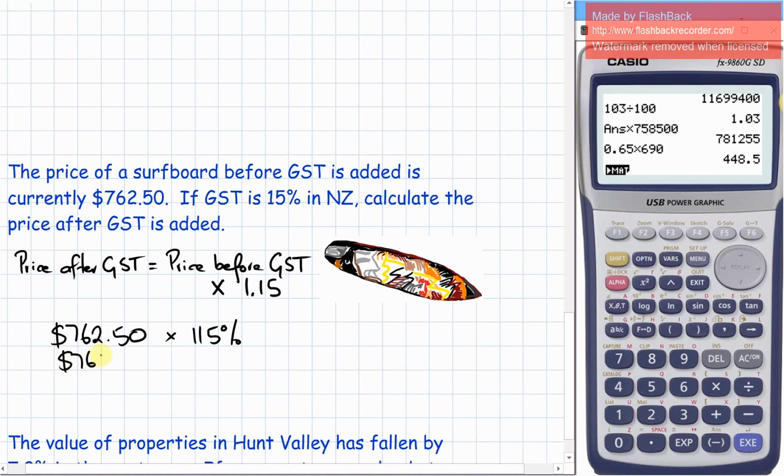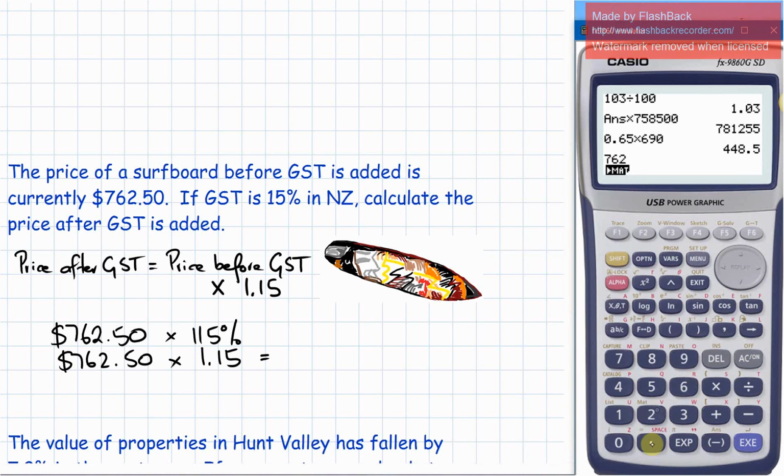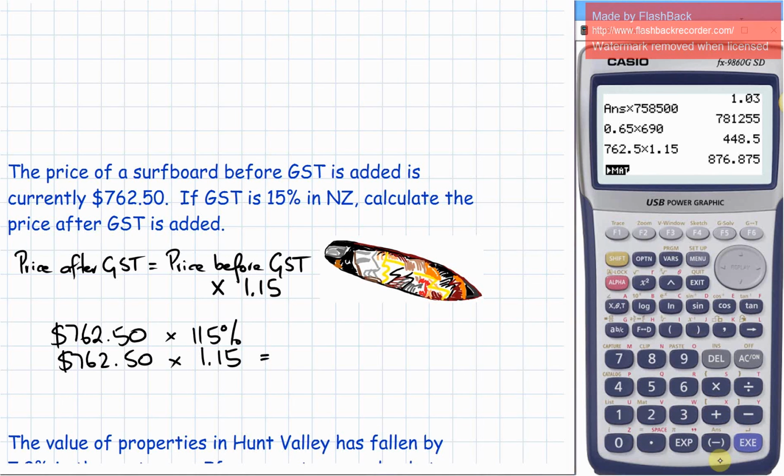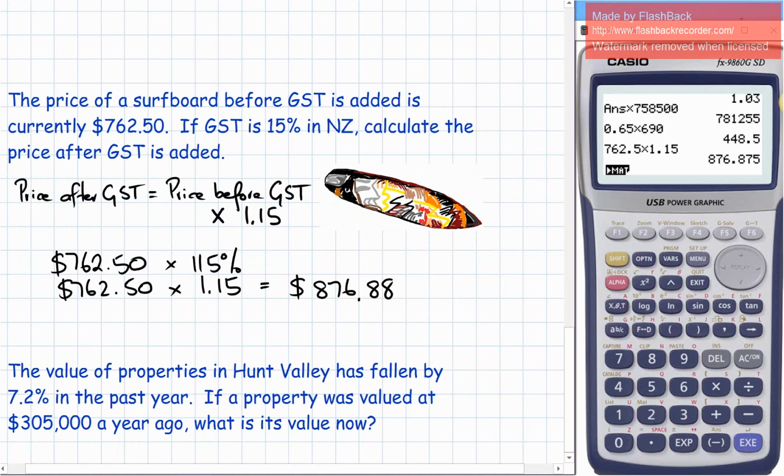So 762.50 times 1.15, and that will give me the price after GST. So 762.5 times 1.15 gives me, and we're going to round this, $876.88. So pause the video now. When you play the video again, the solutions will be there.